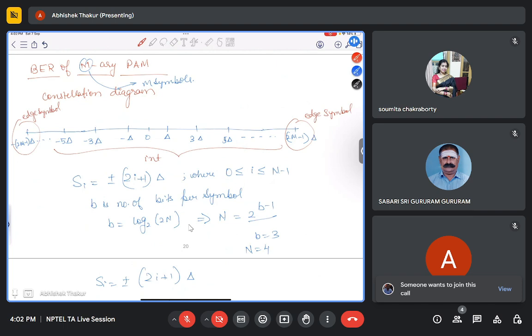Because an intermediate symbol can have interference on both sides, but an edge symbol has interference only on one side. This one has interference only with the right side symbol, and this one only on the left side. So let's suppose there are a total of M minus 2 intermediate symbols, and the total edge symbols are 2.